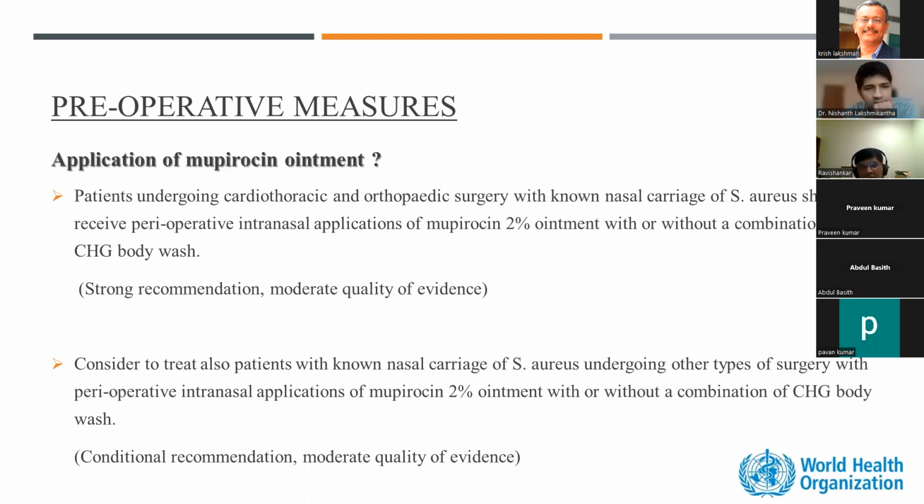And there is also a conditional recommendation to consider intranasal application of mupirocin 2% ointment in patients undergoing other types of surgeries having nasal carriage. Yeah, so just to clarify, this is intranasal application of mupirocin, not on the abdomen or the level of the skin. Okay, and this is only strongly recommended for cardiothoracic or orthopedic surgeries, not for general surgeries.